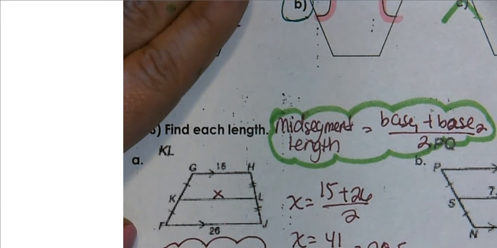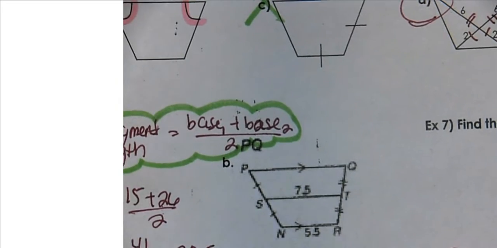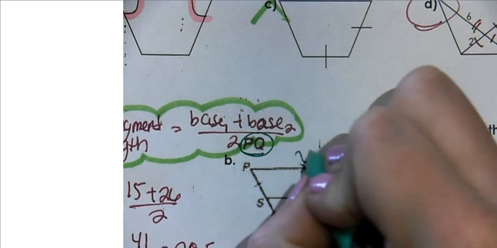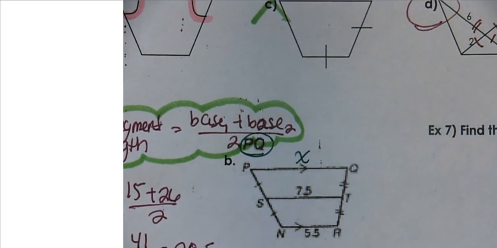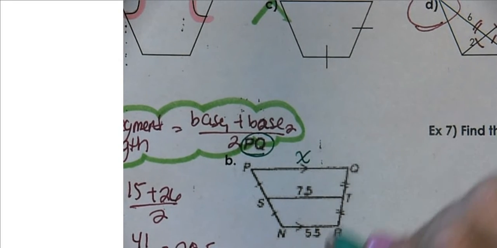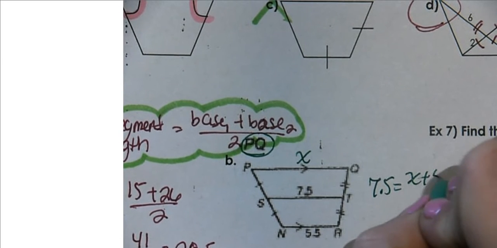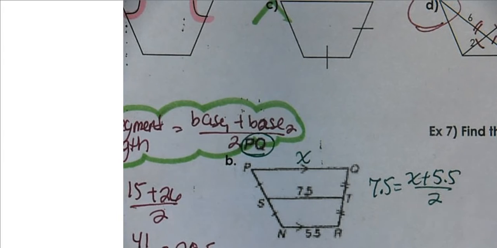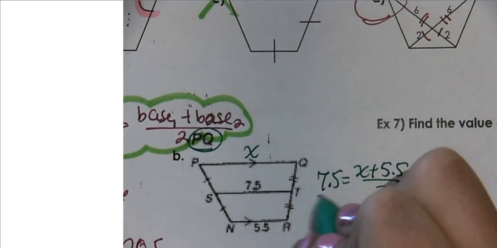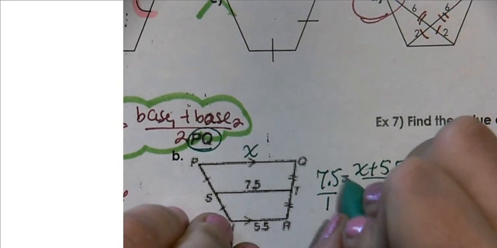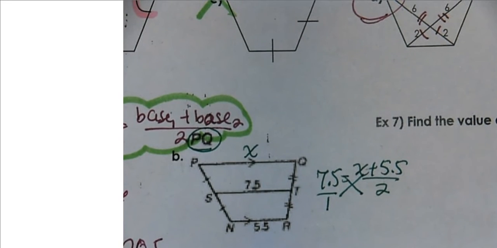Now we're on letter B. And in letter B, we want to find the length of PQ. And I'm going to call the length of PQ X. So I have 7.5 is equal to X plus 5.5 divided by 2. And what I'm going to do is set up a proportion. And that's going to allow me to use a thing called cross product.